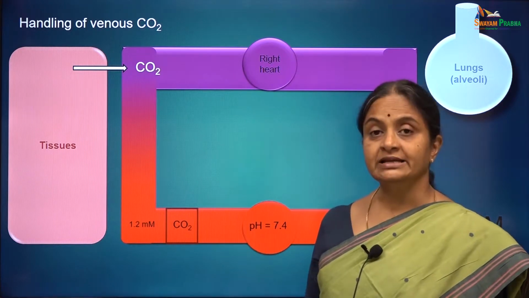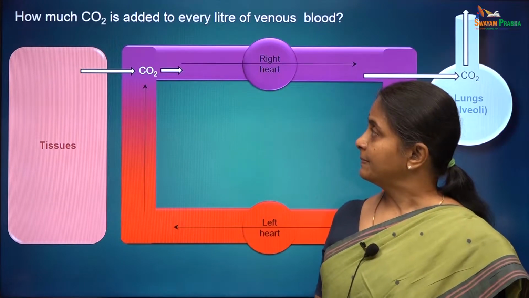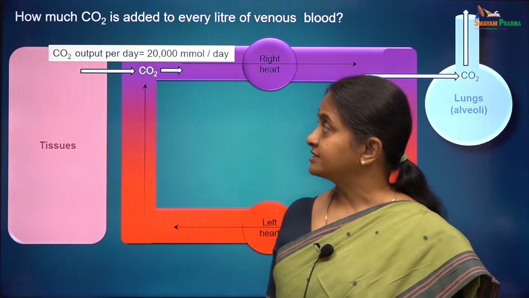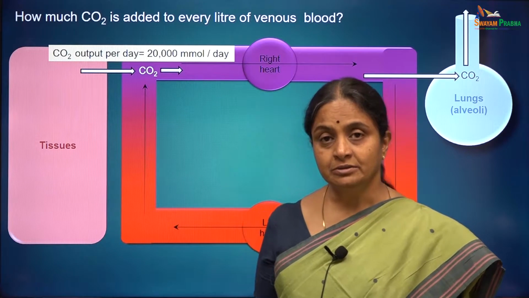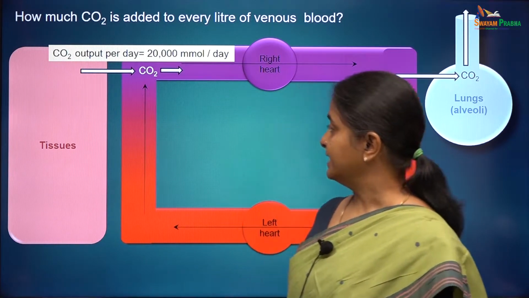How much carbon dioxide is added to venous blood? We have considered this in the very first lecture. Carbon dioxide output per day is about 20 moles or 20,000 millimoles per day.